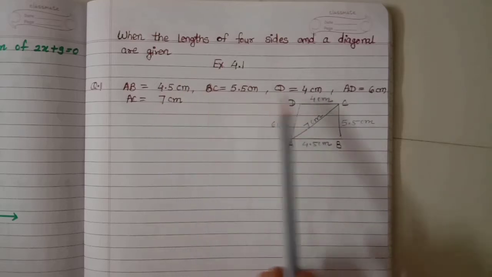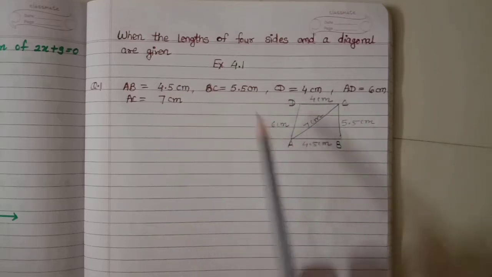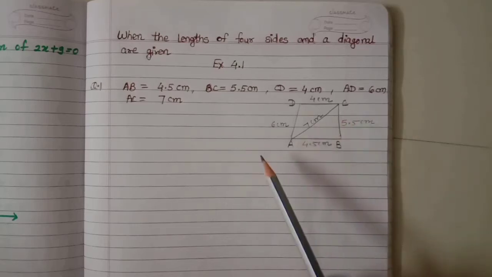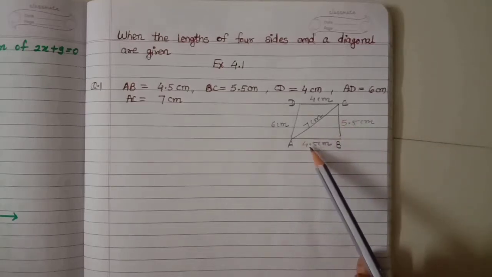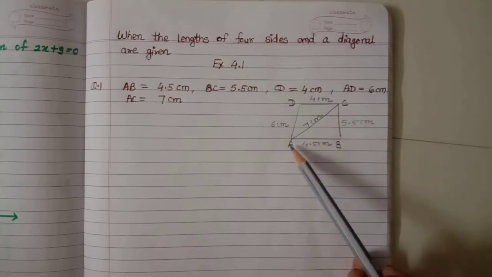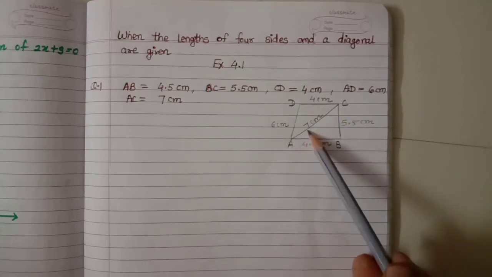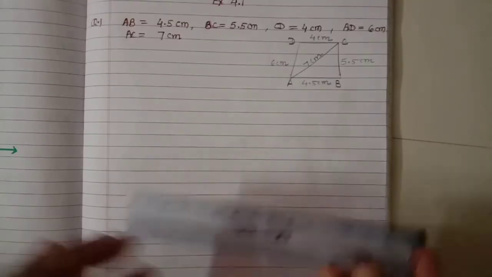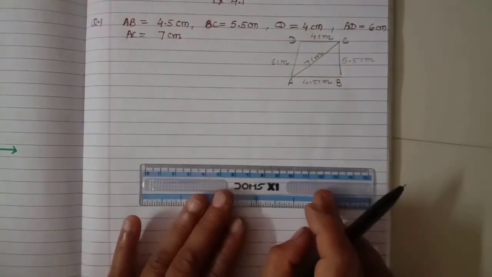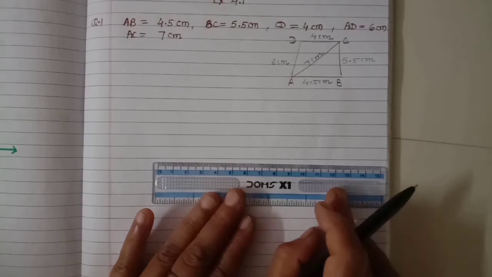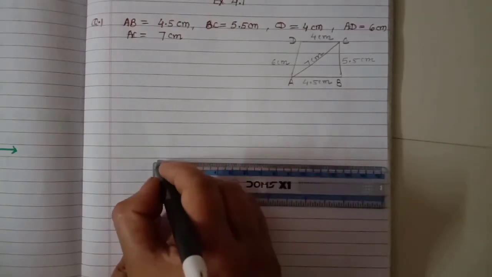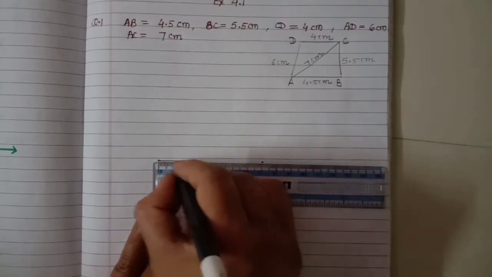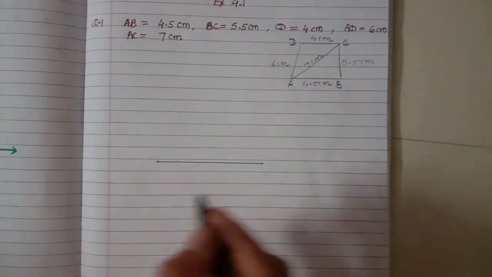Students, when 4 sides and 1 diagonal are given, in that case first we will make the diagonal. It means for this quadrilateral first we will make this diagonal AC, which equals 7 centimeter. Let's draw a line segment AC which equals 7 centimeter.